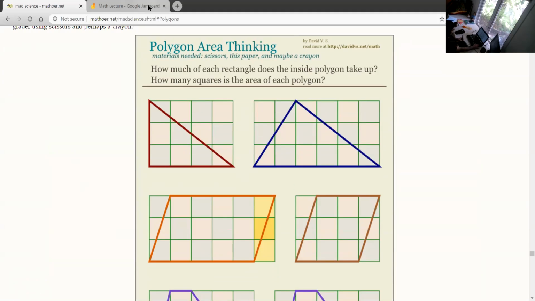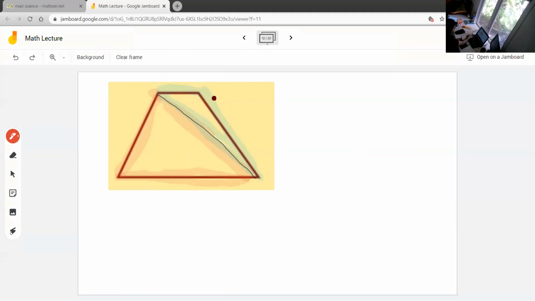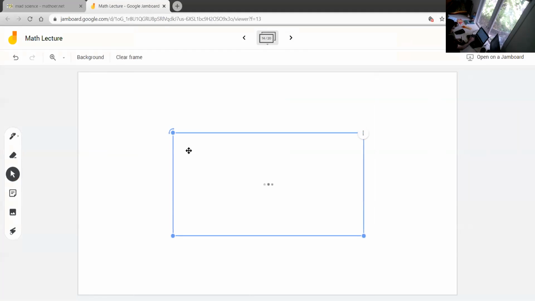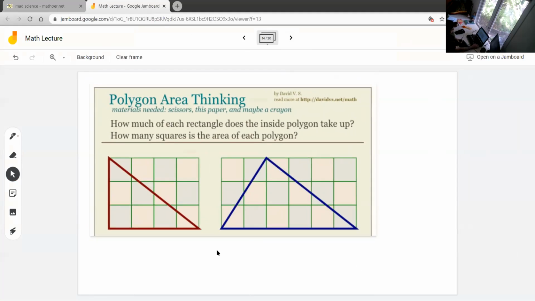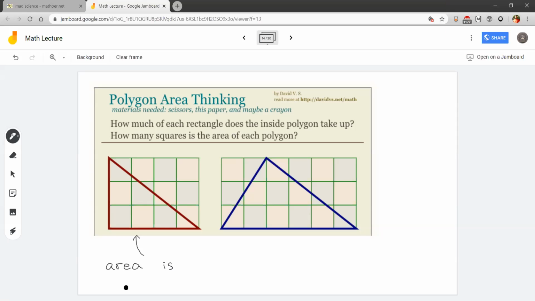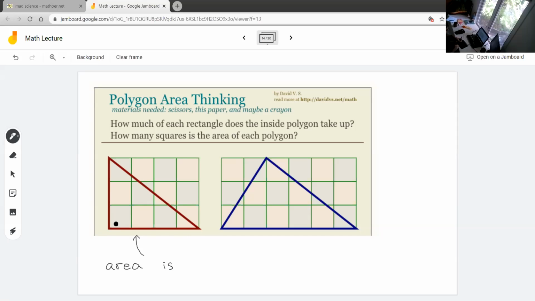Oh, we'll do it this way. Okay, what's the area of my red triangle? Base times height. So the base, 1, 2, 3, 4.